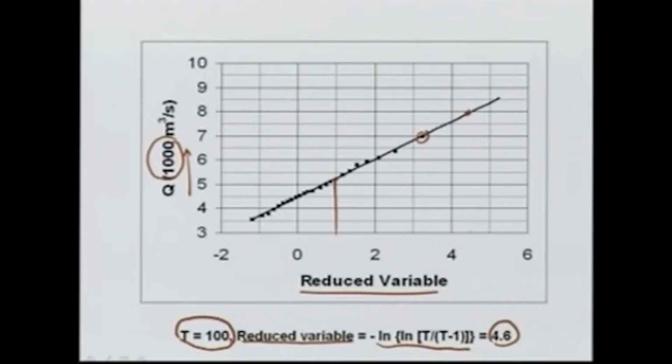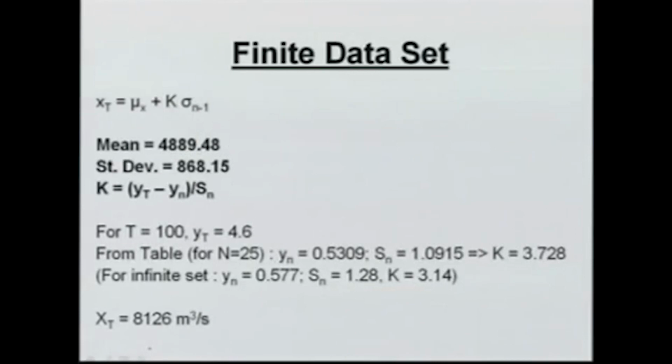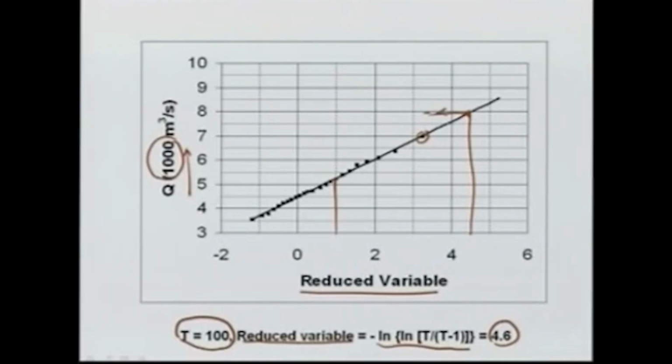So, 4.6 will be somewhere here, and then corresponding to this we can estimate the value and obtain it graphically from this, comes out to be close to 8000 meter cube per second. So, we can say that the 100-year flood is roughly 8000 meter cube per second.